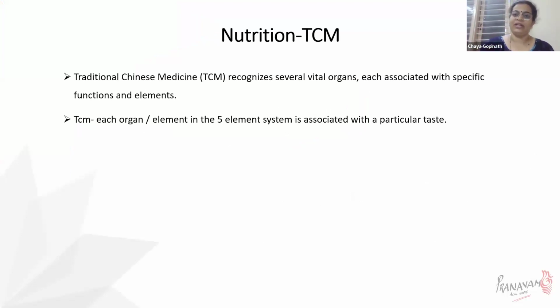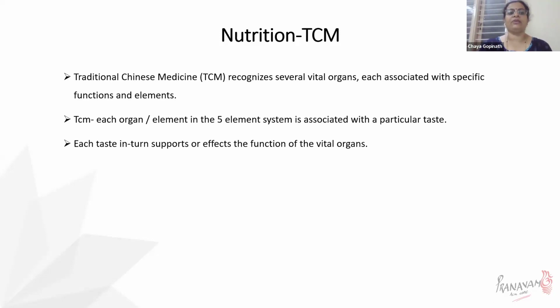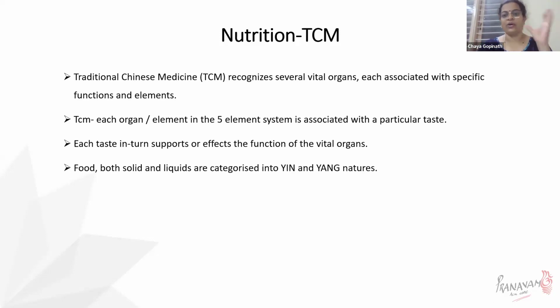Each element and each organ in that particular element is associated with its own particular taste, and each taste in turn governs, either in the way of supporting or in the way of controlling, the vital functions of these particular organs. How is it? We'll get to know in detail today.